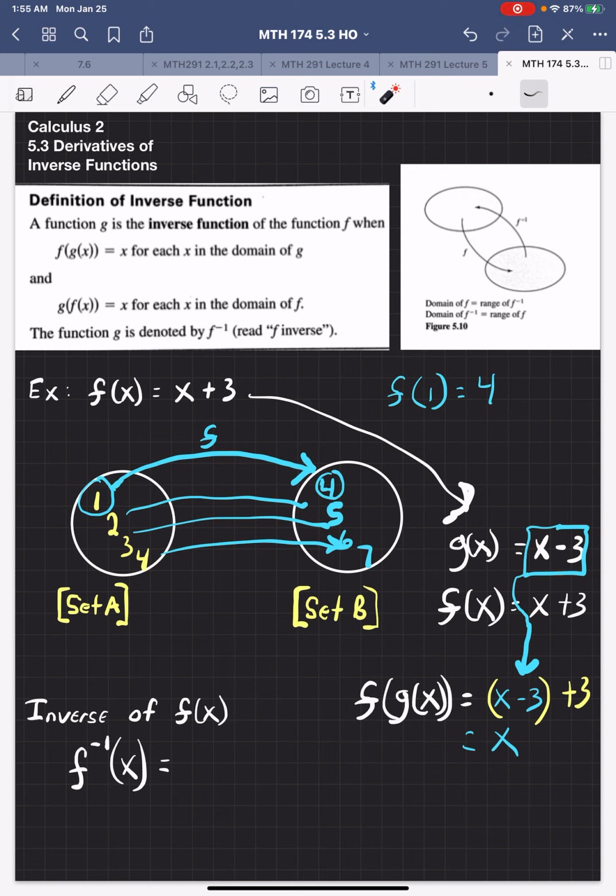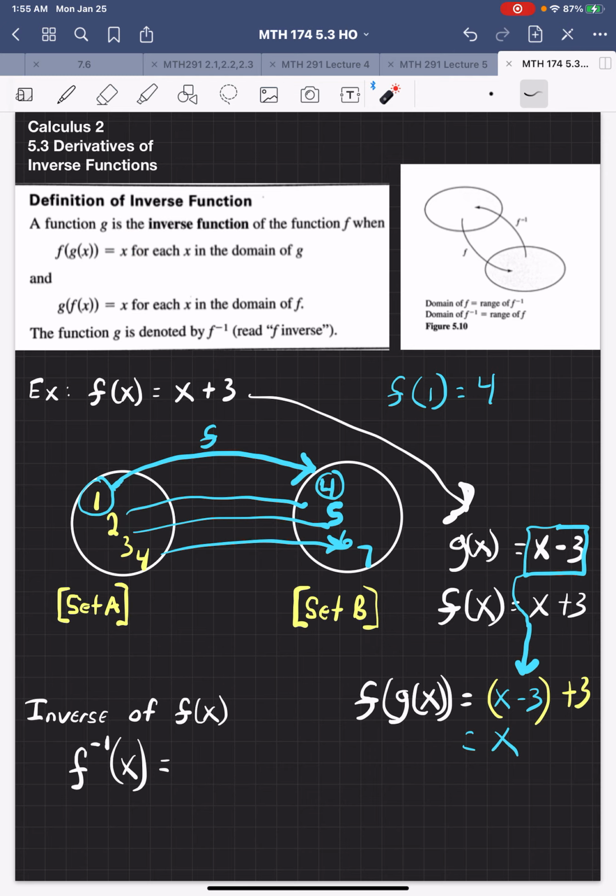You would get the same thing if you were to take g of f of x. And that's exactly what it's saying here. That you know two functions are inverses, if one goes to 4 and 4 can go back to 1, you know that they undo each other when you form a composite and all that is left is x.